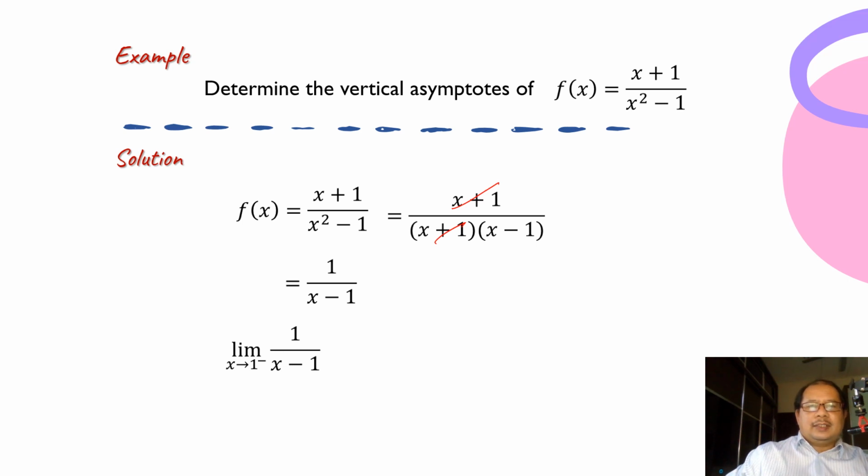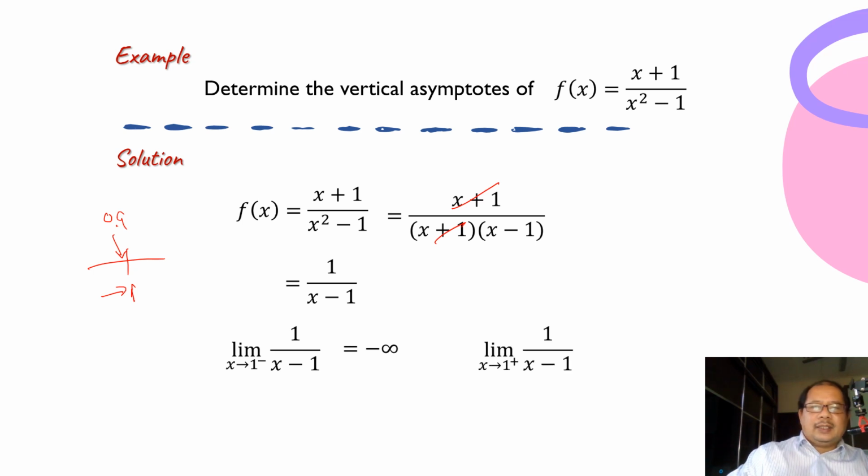So, limit as x approaches 1 from the left. Kita boleh cuba nilai 0.9. Kalau you datang dari kiri, you akan dapat 0.9 minus 1 is negative. That means negative infinity.